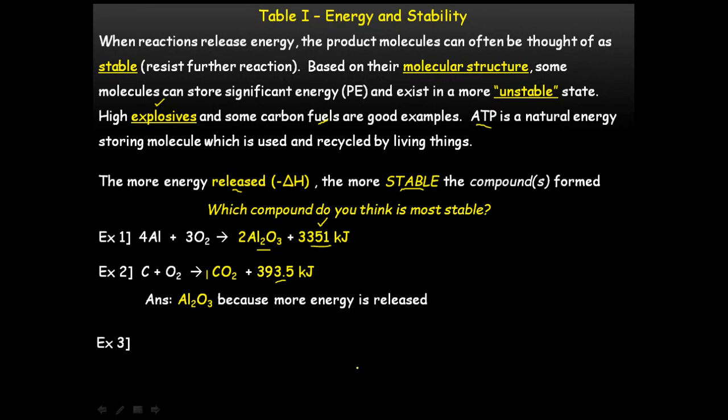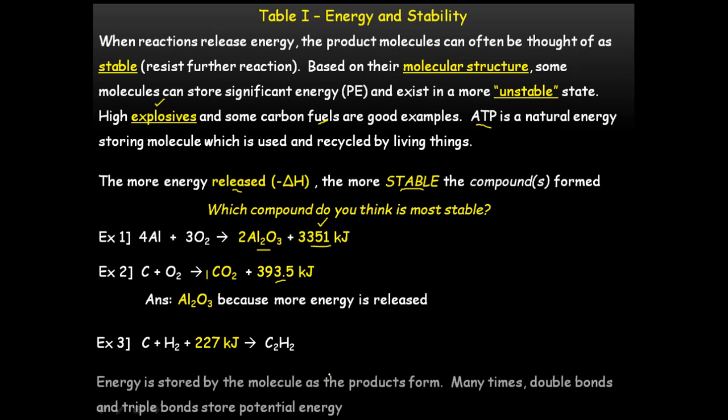Okay. All right, so another example here is an endothermic reaction when we're talking about storing energy. We could say that when carbon and hydrogen react to form this molecule, it's absorbing 227 kilojoules. Well, you can make the argument and say, hey, if I looked at my diagram it would actually be higher. And nature really doesn't favor this, but this molecule has a really good way to store energy.